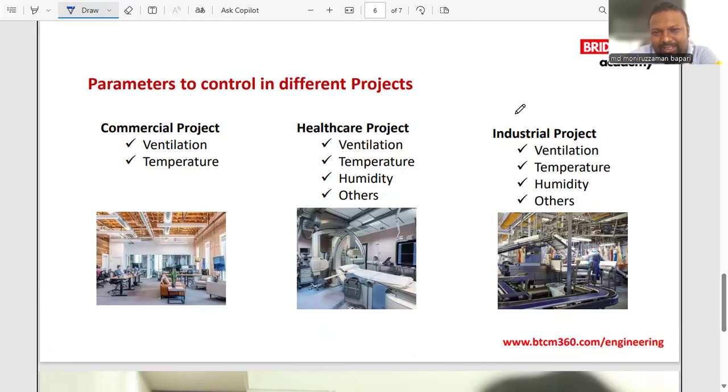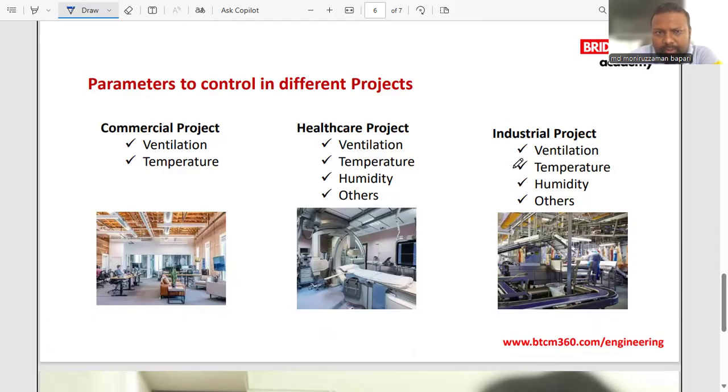In the industrial project, it is quite different. An industrial project is all about the product. If you are manufacturing pharmaceutical drugs, you have certain parameters to control. If you're designing for a food factory, let's say a chocolate manufacturing facility, the parameters are different. So in an industrial project, the parameters that you're controlling depend on the product you are manufacturing.